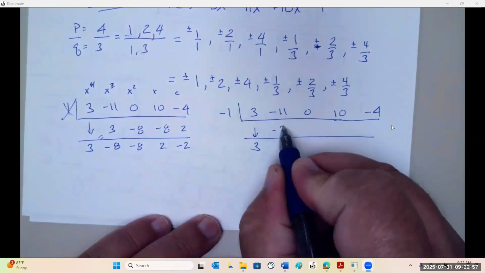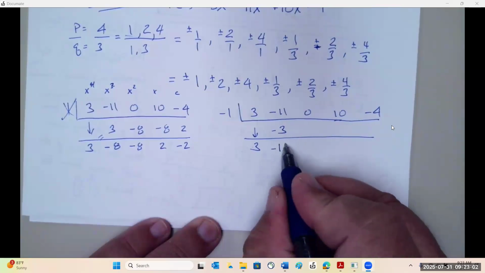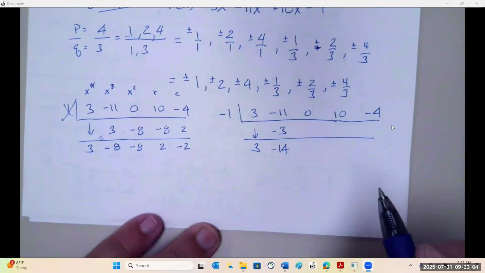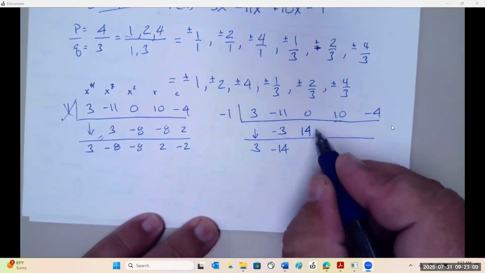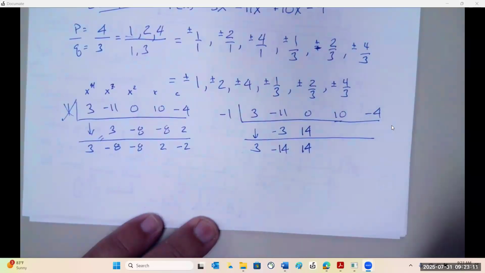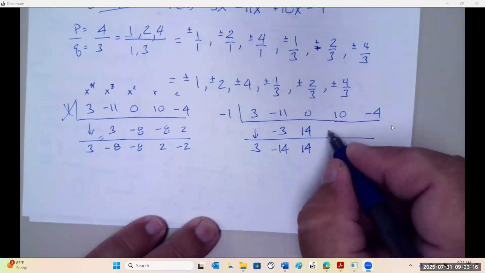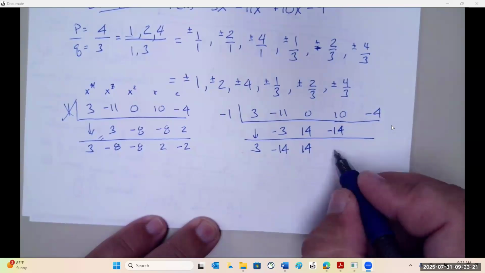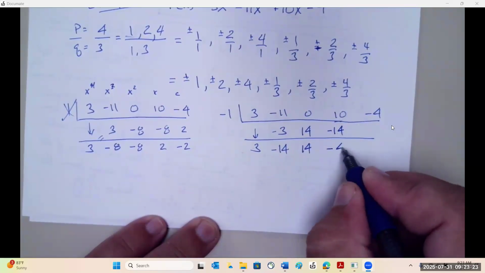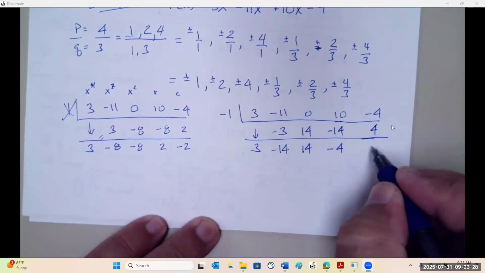-1 times 3 is -3. -11 plus -3 is -14. -1 times -14 is +14. Plus 0 is 14. -1 times 14 is -14. -14 plus 10 is -4. -1 times -4 is +4. -4 plus 4 is 0.